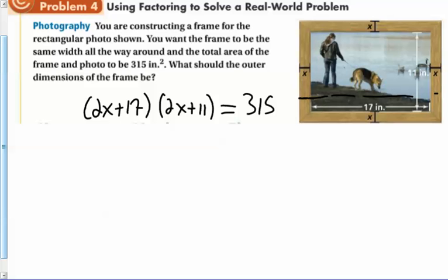315. So what I'm going to do here, it's a little bit crazy, but I am actually going to FOIL this. So I get 4x squared and I get 17 times 11. What is 17 times 11? It is 187, so plus 187, right?